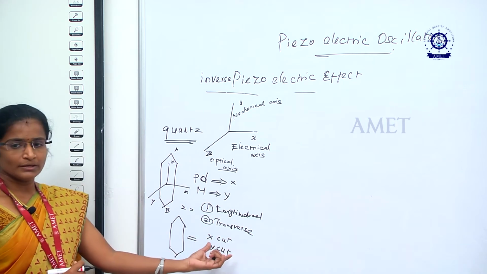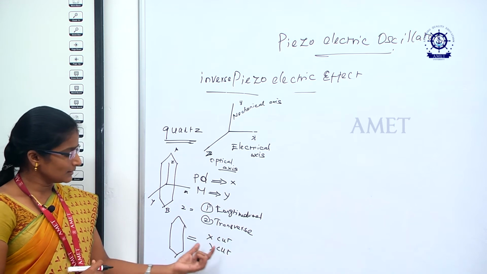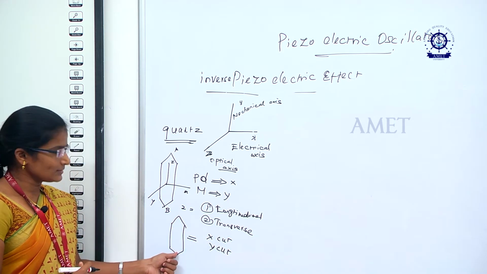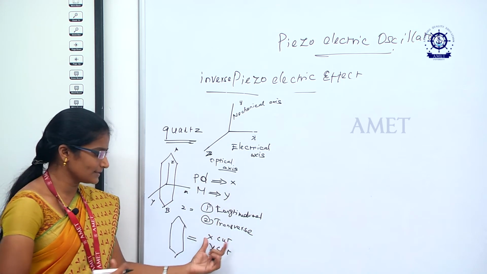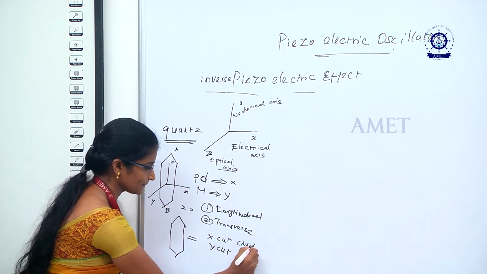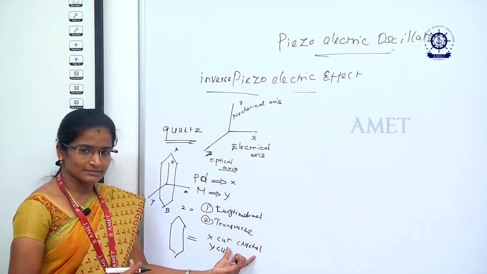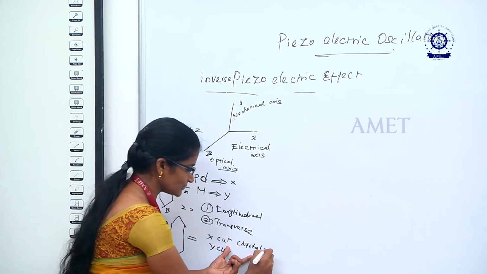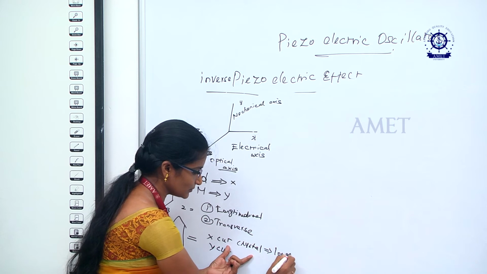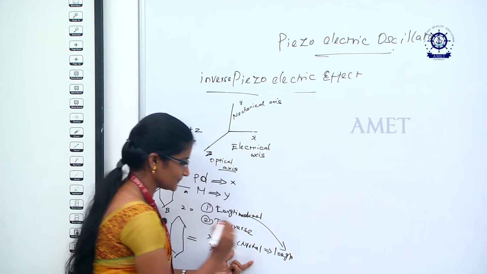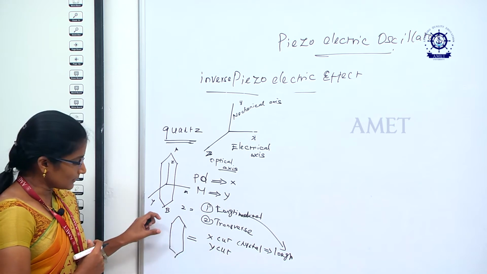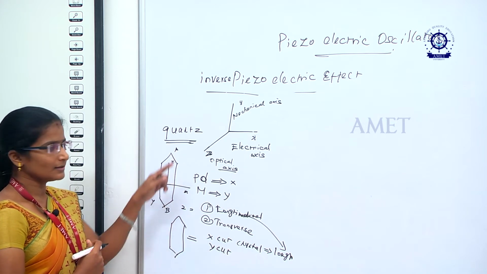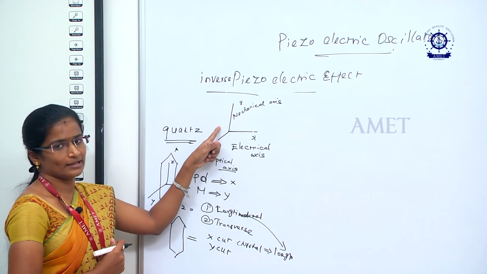X cut means we cut the quartz crystal perpendicular to the X axis, called the X cut crystal. This X cut crystal is used to produce longitudinal ultrasonic waves. Y cut means we cut the quartz crystal perpendicular to the Y axis.